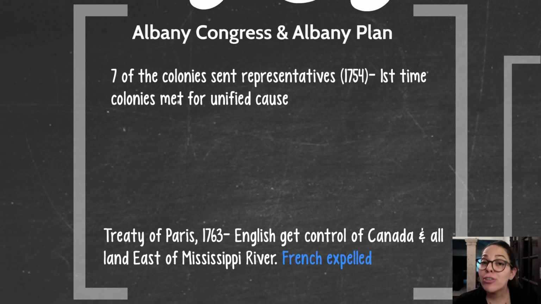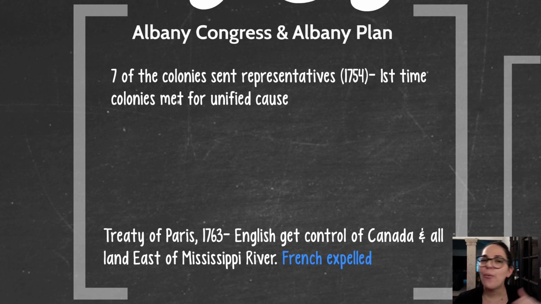This is the first time that the colonies are going to meet for a unified cause. Remember, we think of them as 13 colonies, but they're like 13 different countries, right? You got people from different parts of Europe arriving. They have different economies. They have different societies. They've developed totally different. And remember, this is part of Unit 1.